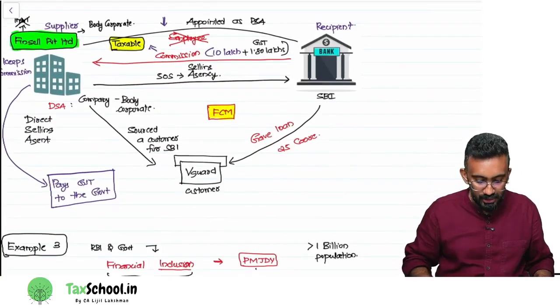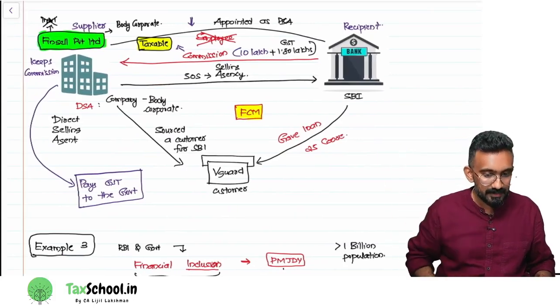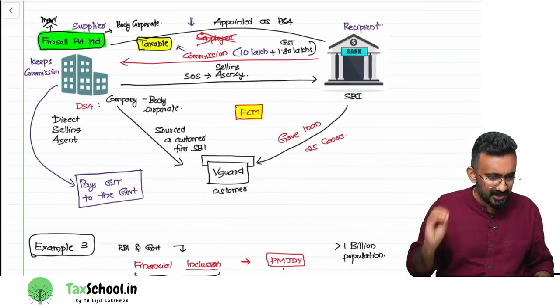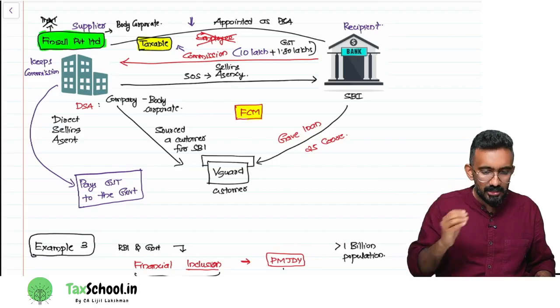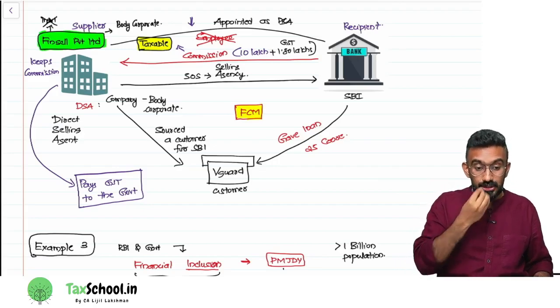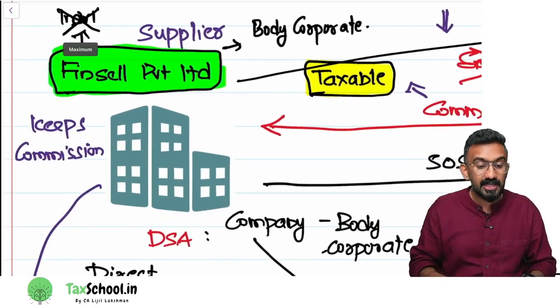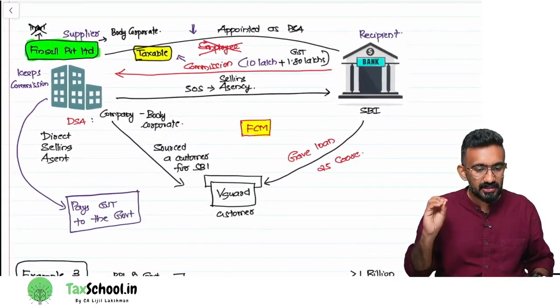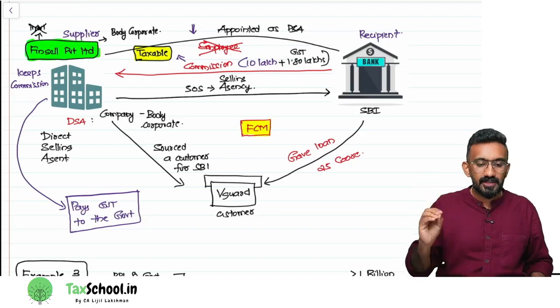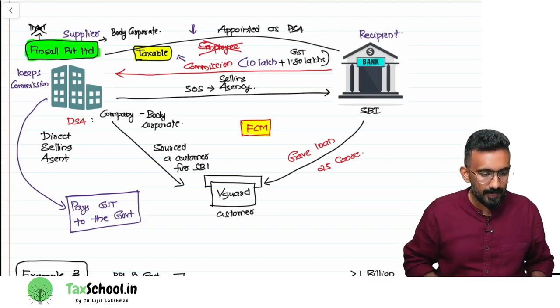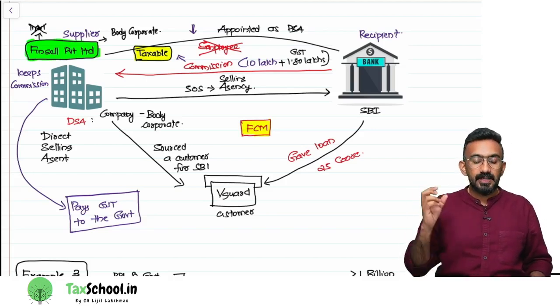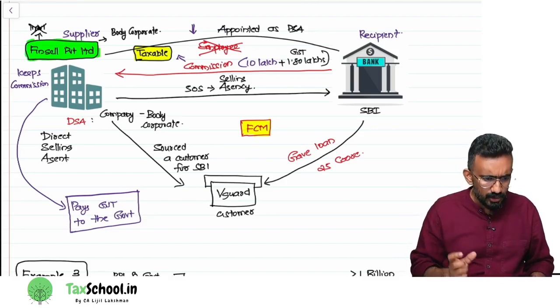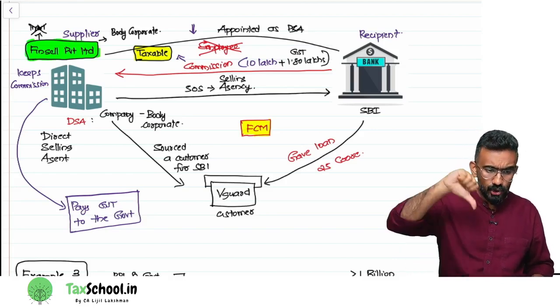Instead of Mr. Raju, look at the second part of this example. The same loan was given to VGuard through another direct selling agent, which is called FinFast Private Limited. SBI is giving a commission of 10 lakh to FinFast Private Limited. Next question would be, is this commission taxable? Yes. Would it be taxed under RCM? Yes or no?